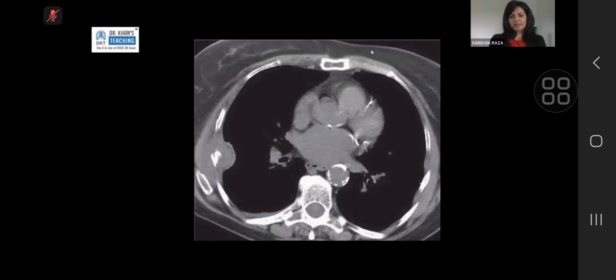So my question here is, if it's an aggressive lesion that is eating the rib, why is it not eating the extrapleural fat? Why is it respecting it, displacing it, rather than going through it?